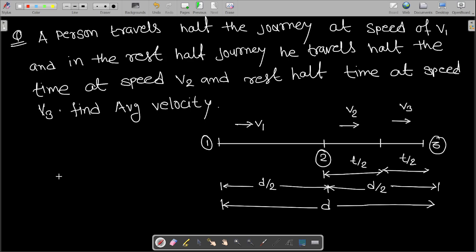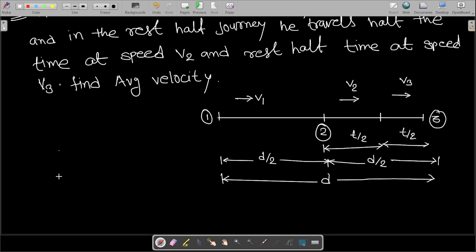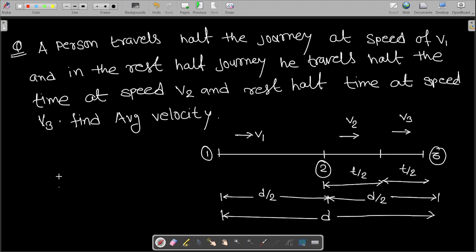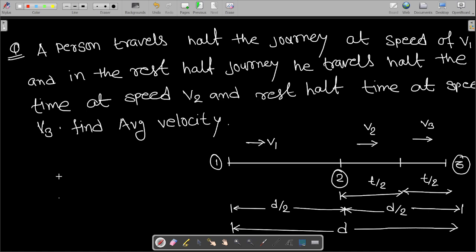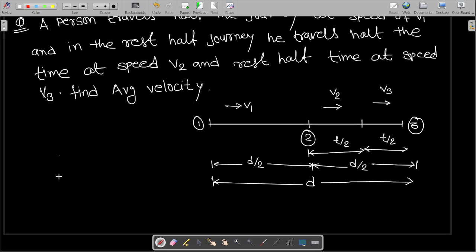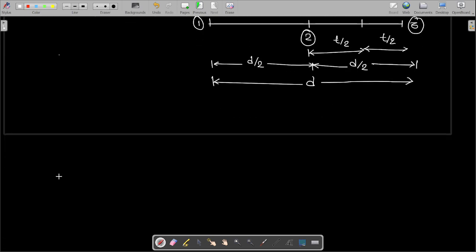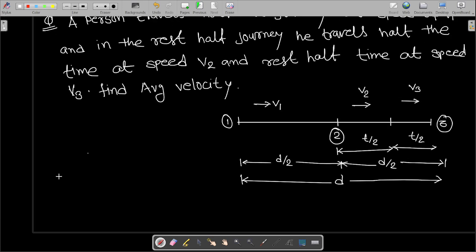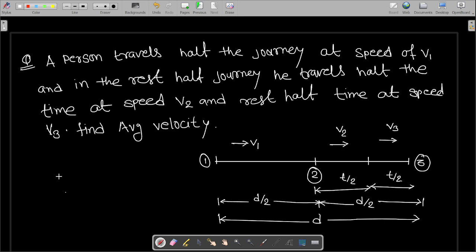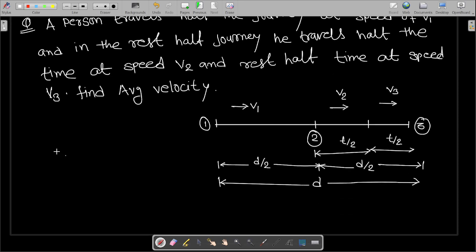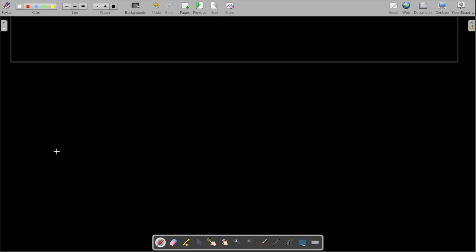It will take some time, but if you are able to do it on your own, then you will be able to do more tough numericals like this. As it is the first numerical, I think I will have to solve this. Otherwise you can't. See the solution of this question.